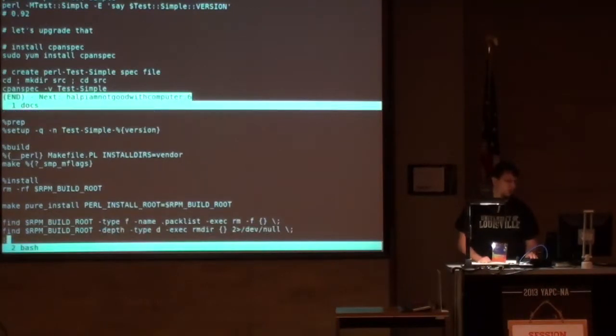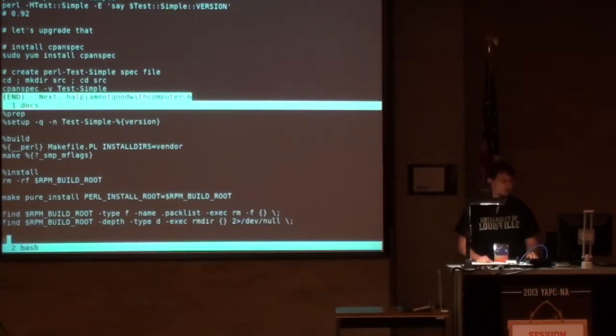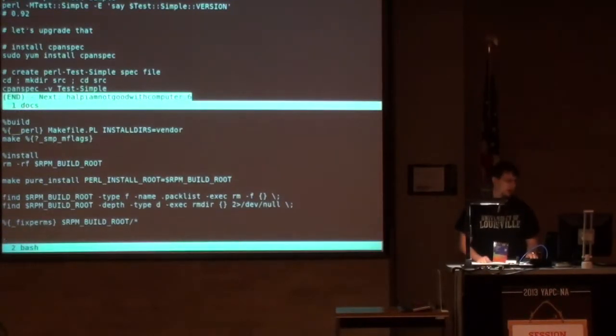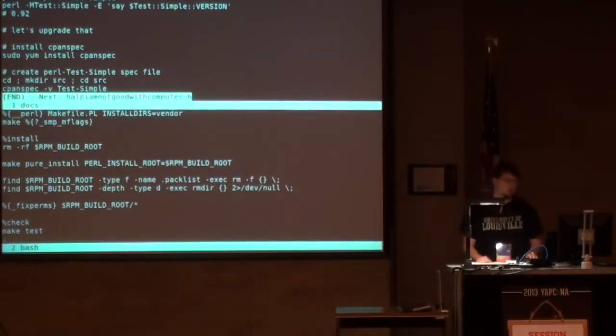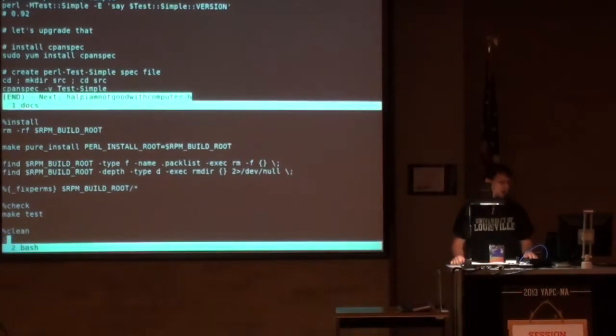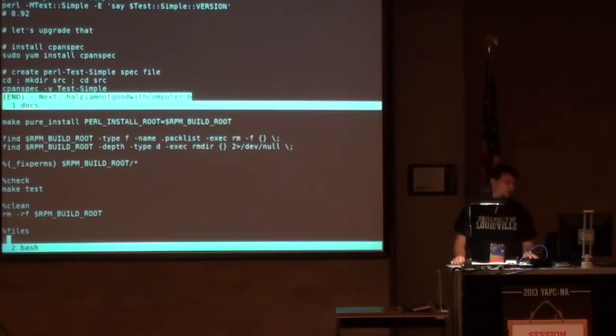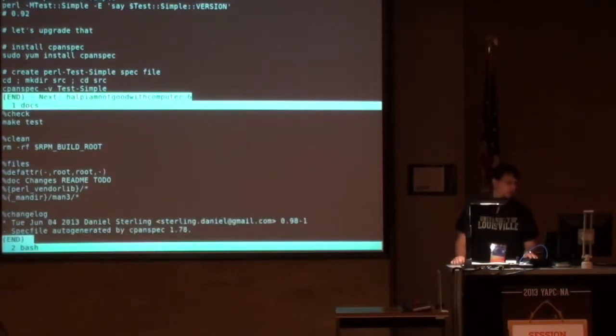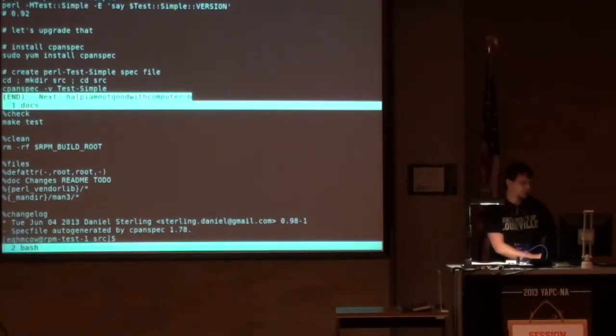Then it does the build, Perl Makefile, it's all standard build, make, and then the actual install. It installs it into the build root, which is the place that rpmbuild actually takes and makes your package from. All the files in the build root directory are what actually constitutes your package. It's also got a check, make test, cleanup, pretty simple stuff. Auto-generated spec file, so that's that.